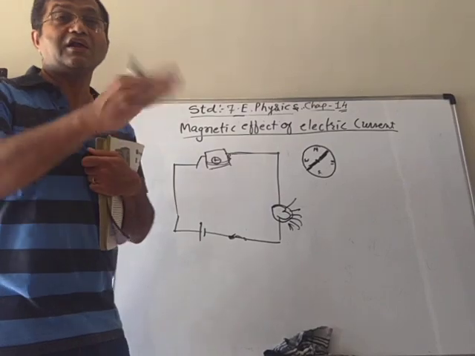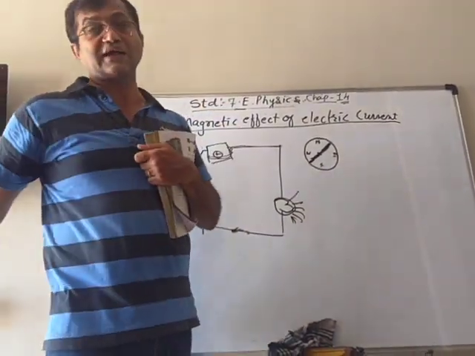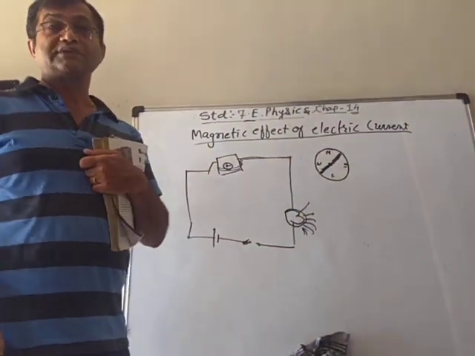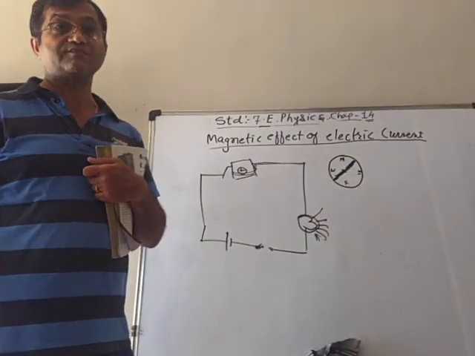The magnetic needle will show some deflection, either on the left side or the right side. Why? And as soon as you switch off again, that needle will come back to its original position.